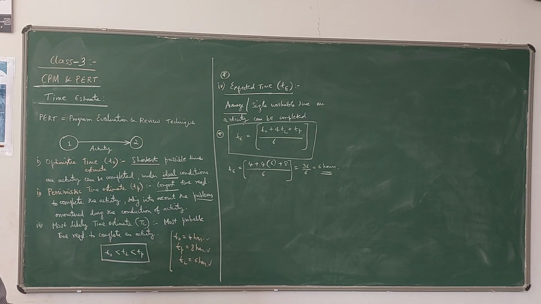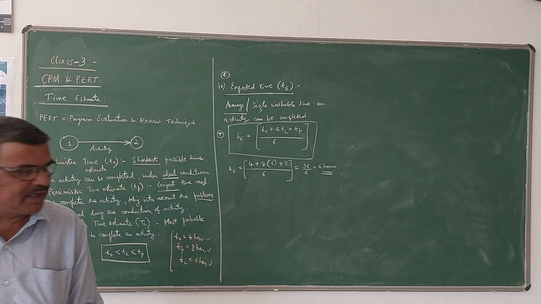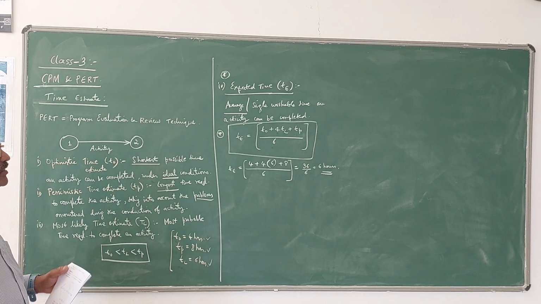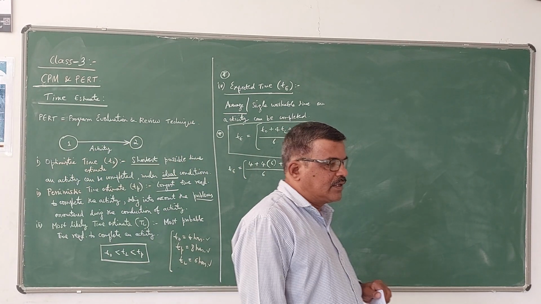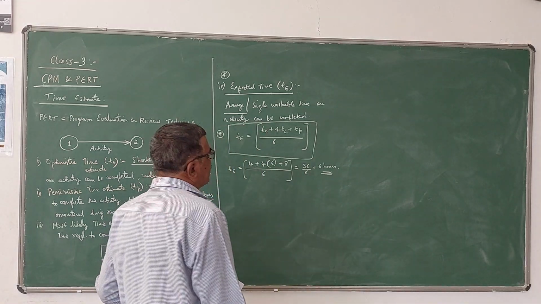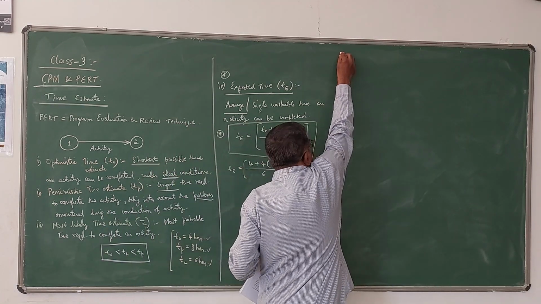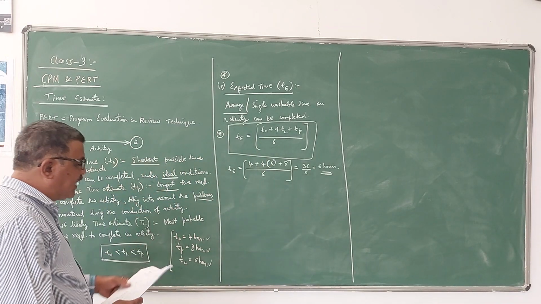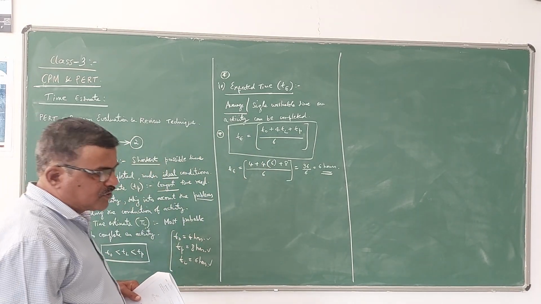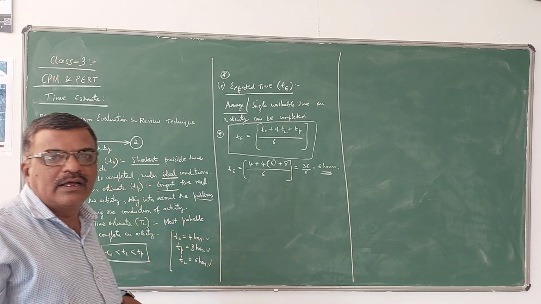Now let us take a problem in which we can compute the expected time for different activities, because in any project the activities will be carried out in series. So when it is in series, we have to calculate the estimated time for each activity, and then add those things for different paths.